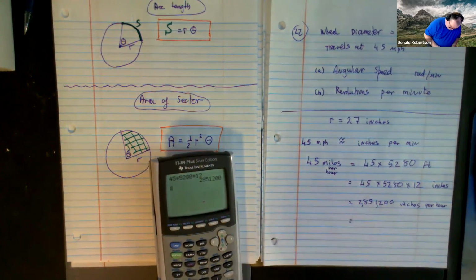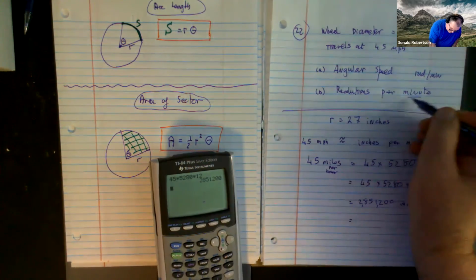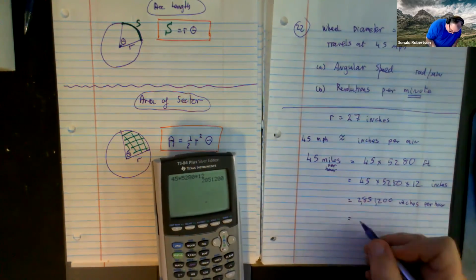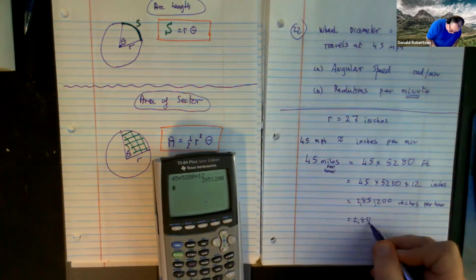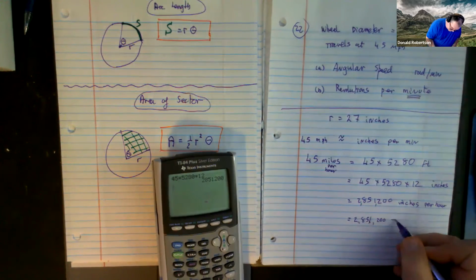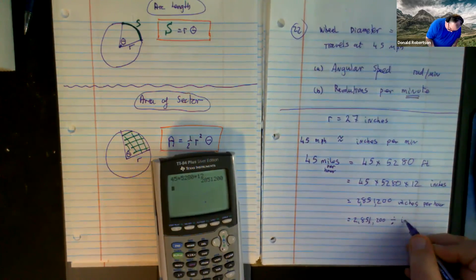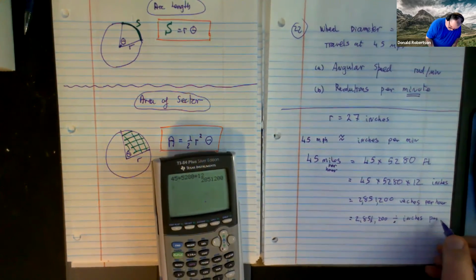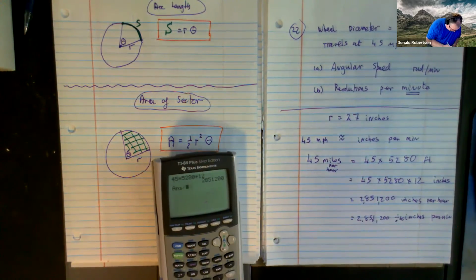I'm now going to figure out what that is, not in inches per hour, but per minute. And so to do that, don't you take this number and divide it by 60? So divide by 60.